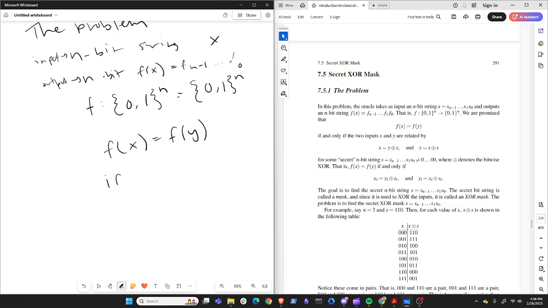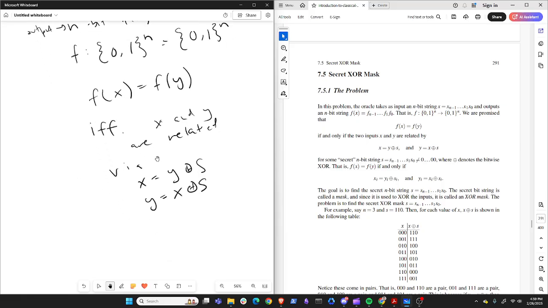if and only if x and y are related via x equals y XOR s and y equals x XOR s, for some secret bit string s.